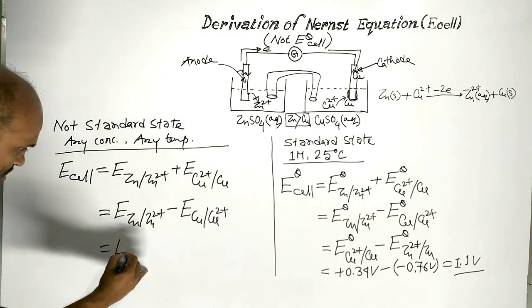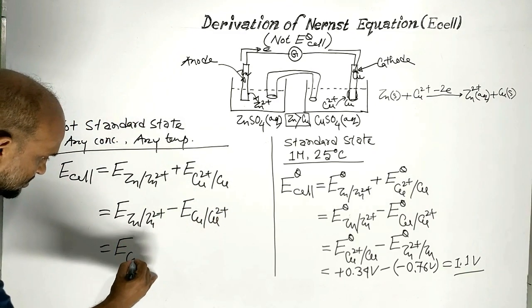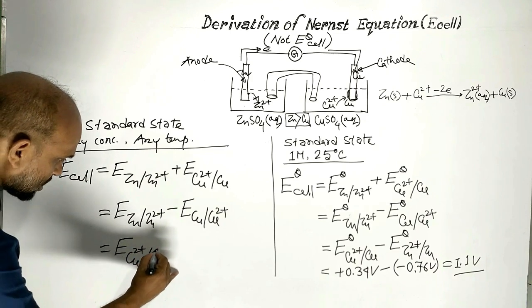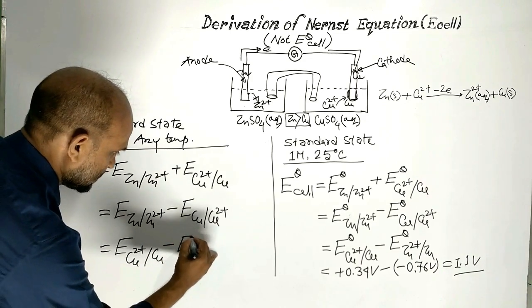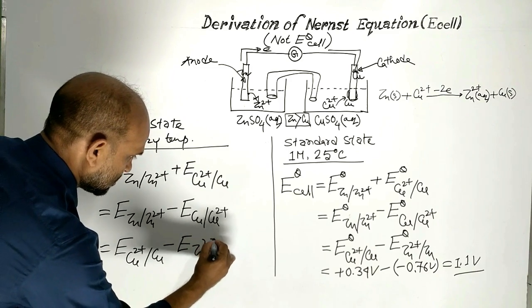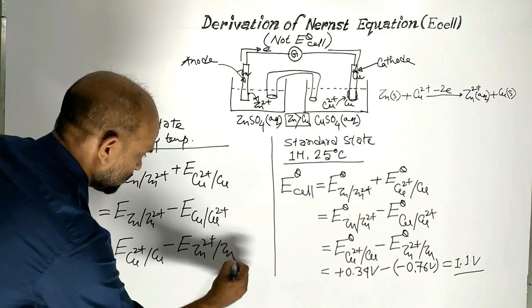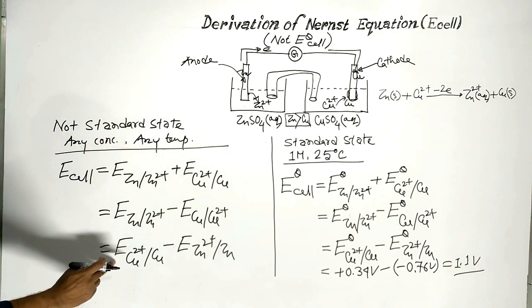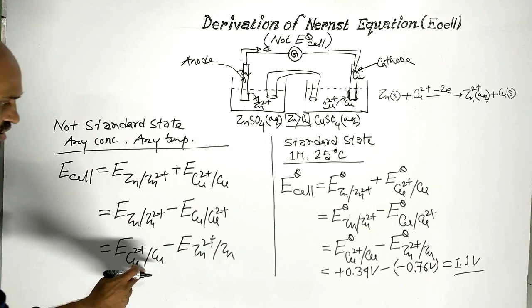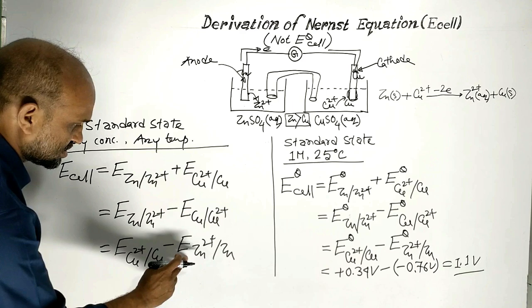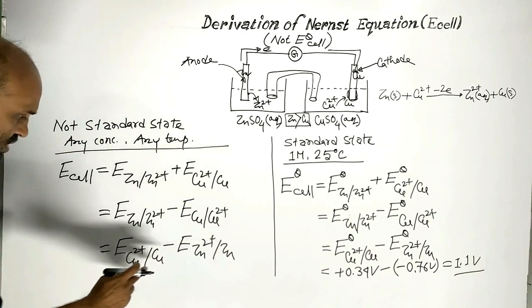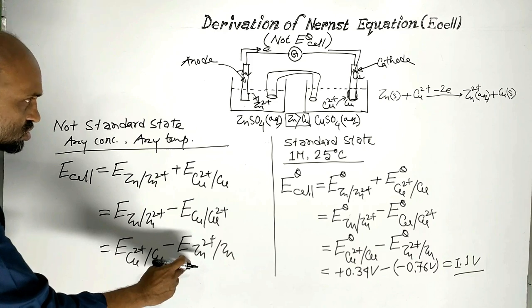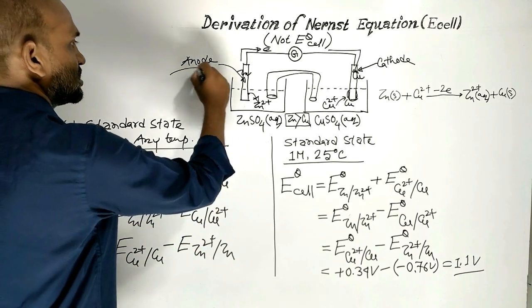Another equation: non-standard state reduction potential of cathode minus non-standard state reduction potential of anode. Here these values are not known.